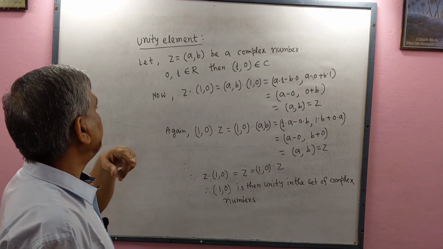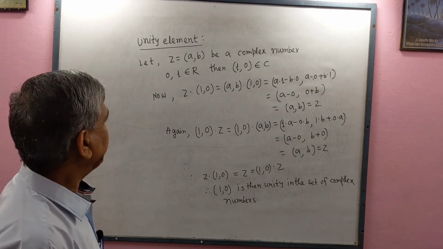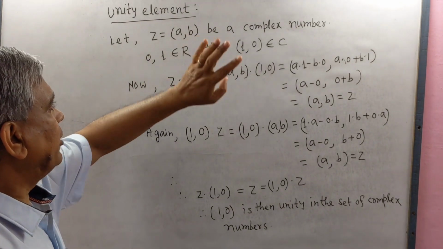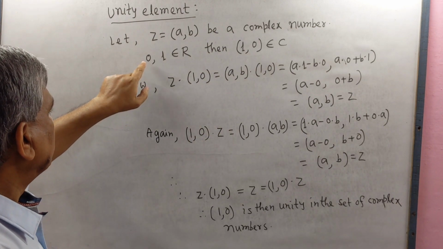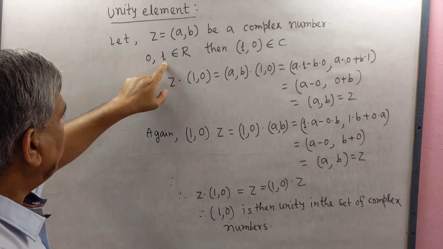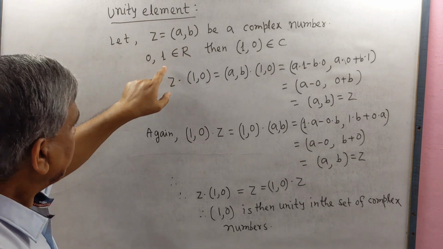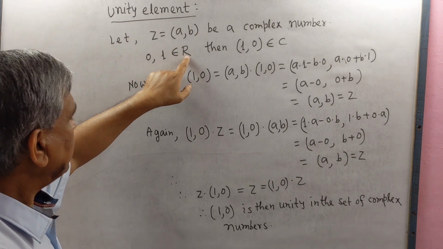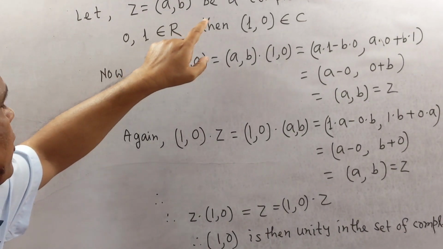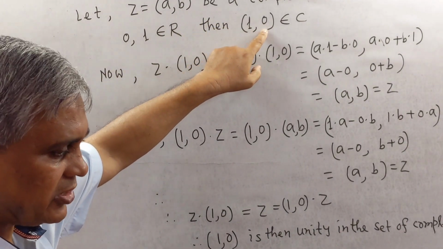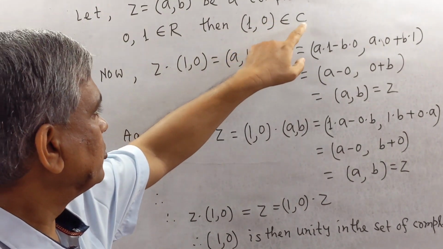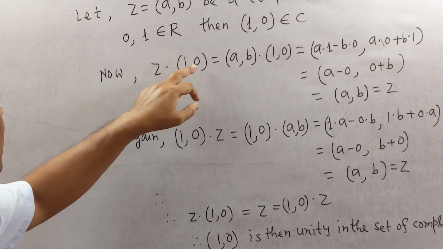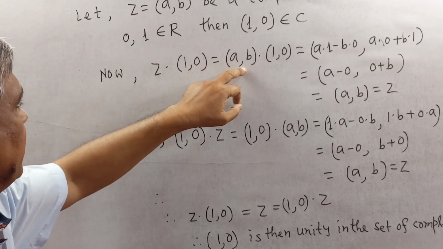Now we find the unity element in the set of complex numbers. Let Z equal to ordered pair AB be a complex number. 0 and 1 are real numbers. These belong to R, the set of real numbers. Then the ordered pair 1, 0 is a complex number. This belongs to C. Now Z multiply by 1 0. Z is the ordered pair AB.